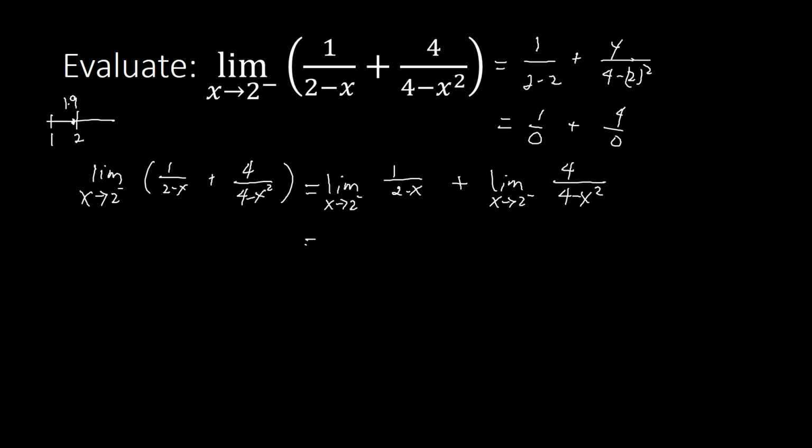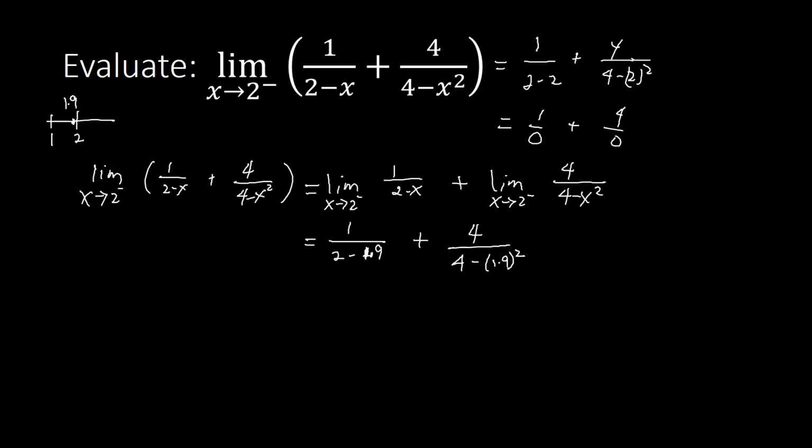So this is now equal to, once we plug in 1.9, 1 over 2 minus 1.9, plus 4 over 4 minus 1.9 squared. If you can determine right away what the sign at the bottom is, then go ahead.